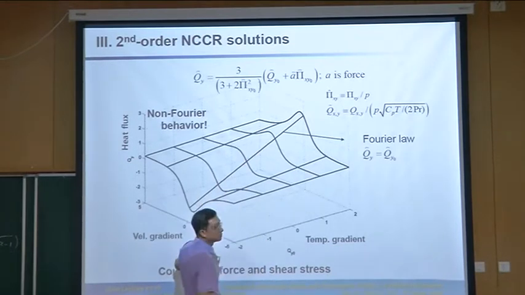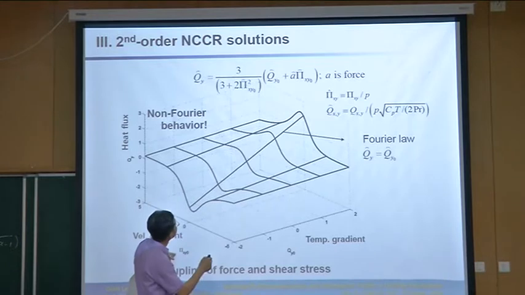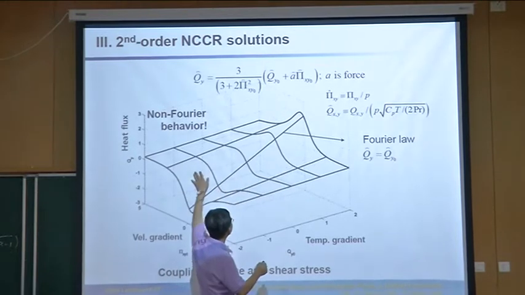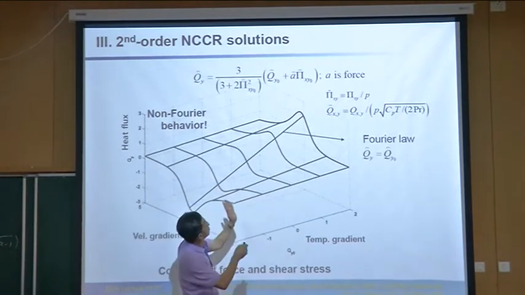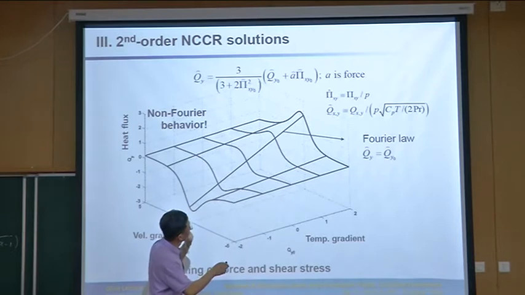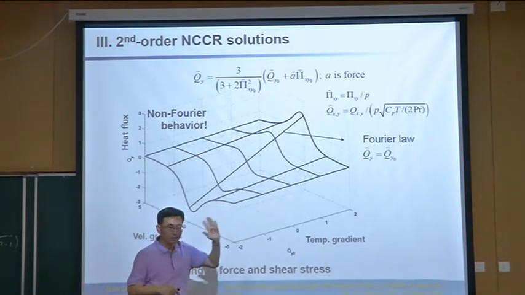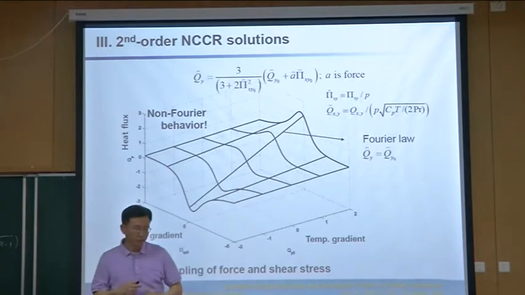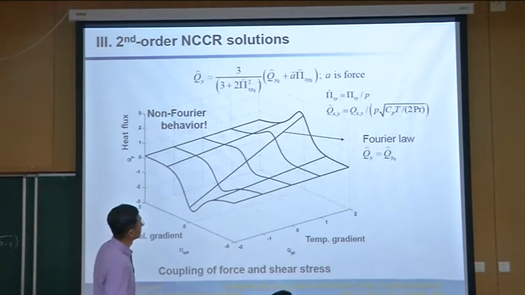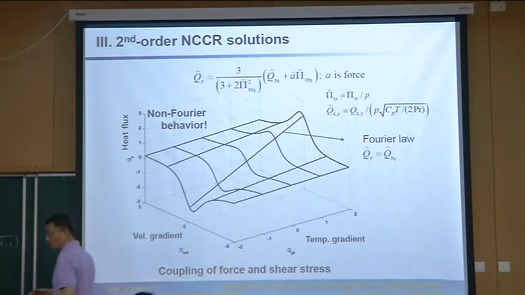But once you have pi xy multiplied by A, then all of those surfaces represent this equation. So those look very different from this. That's what I call the non-Fourier law. In the case where we have the force field, the Fourier law is simply this one, but this is the non-Fourier law. So this is topology.